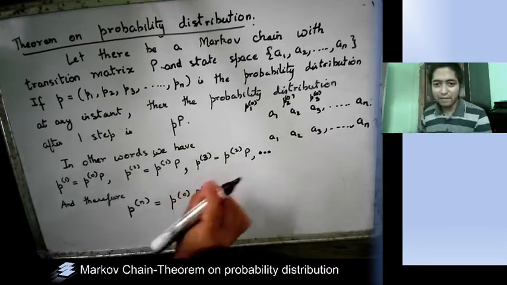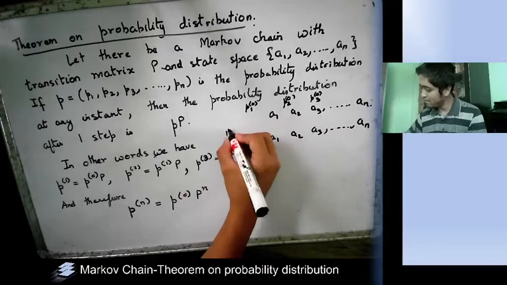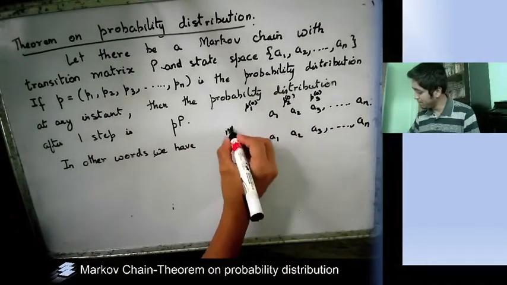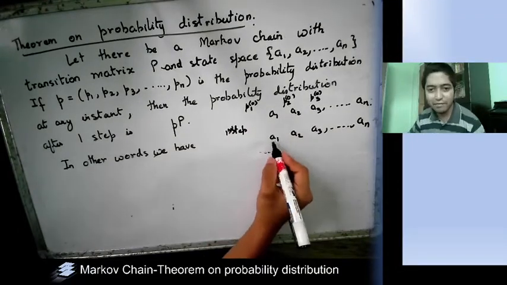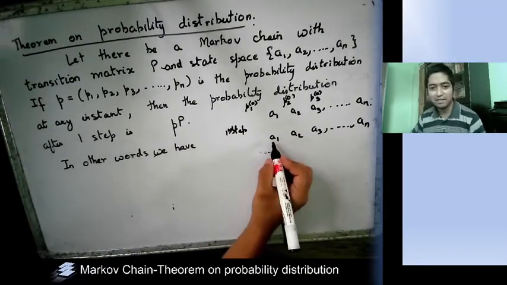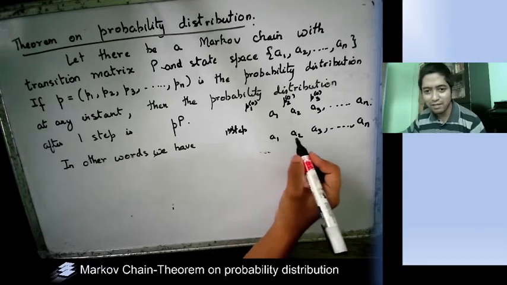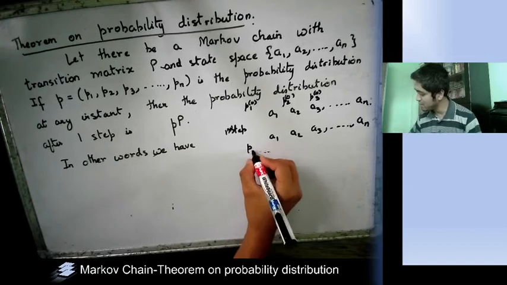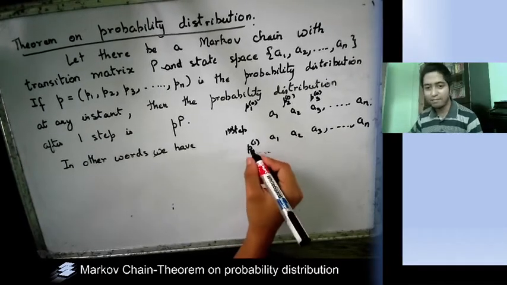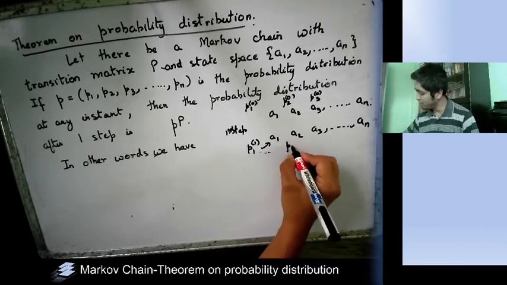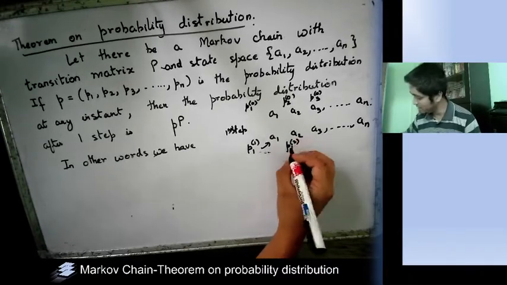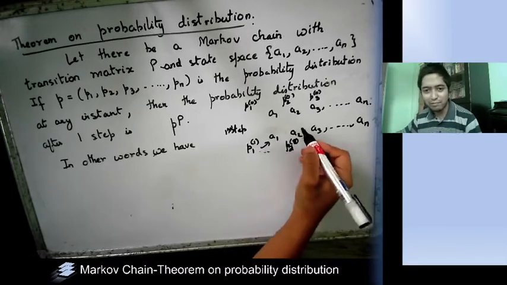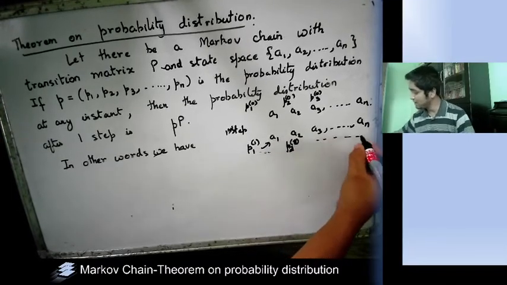So after one step, again you can have different probabilities that the state can be in A1, another probability that the state will be in A2. So let us call this one p11 after one step, that the state will be in A1. p12 will be the probability that the state will be in A2, and similarly up to AN.